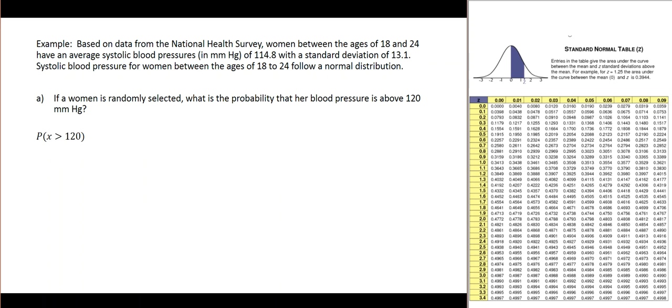So to use our standard normal table over here on the right, we need to convert this data to a z-score. So we'll revisit the z-score formula. It's our data minus our mean over standard deviation. We'll plug everything in. So we have our data of 120, which is what we were given in part A. We have our mean, which is mu, given in the original problem, 114.8.